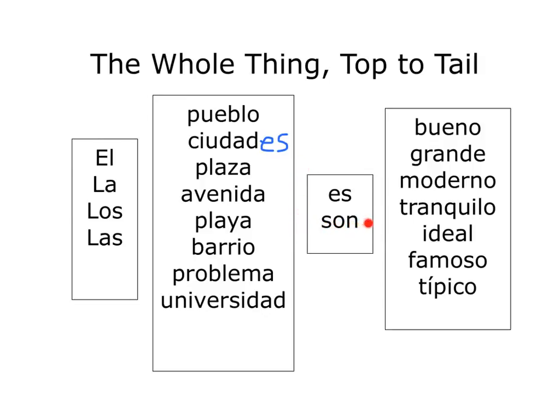Son. Let's make them nice and modern. Moderno. What do we have to do to the end of moderno? Ciudades is feminine and plural, so this has to agree. It says, okay, fine, I'll be feminine and I'll be plural too. Las ciudades son modernas.